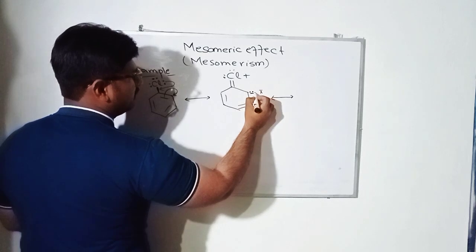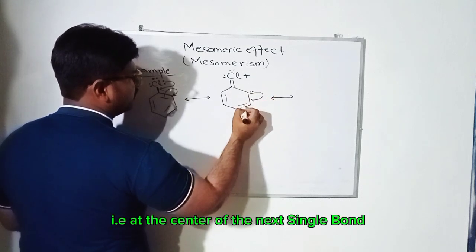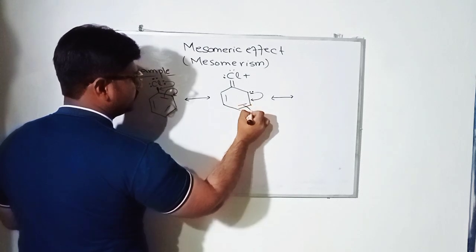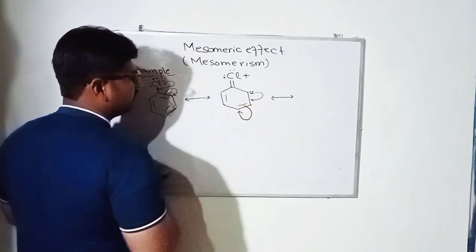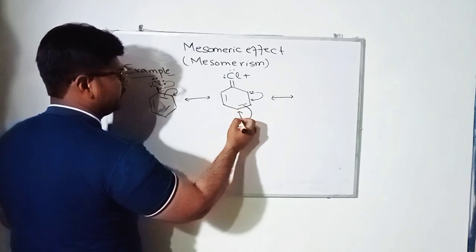Again, this lone pair of electrons will jump in between this single bond, and this pi bond will be shifted onto the corner of the carbon atom, to represent a carbon atom with a negative charge.